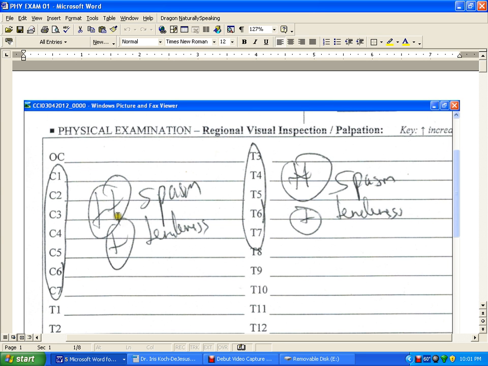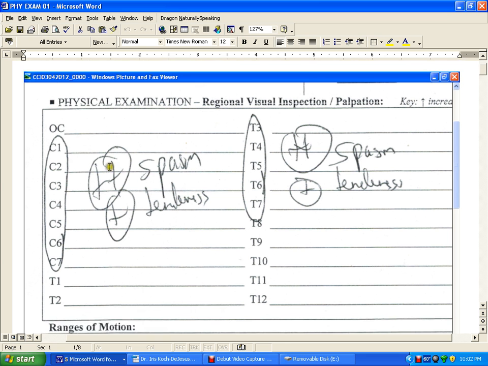We have under the visual inspection / palpation, that page number, and why don't you explain what's a C, what's a T? Okay, the C would be cervical region.